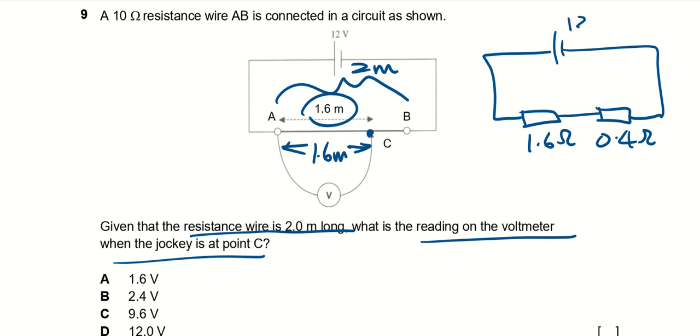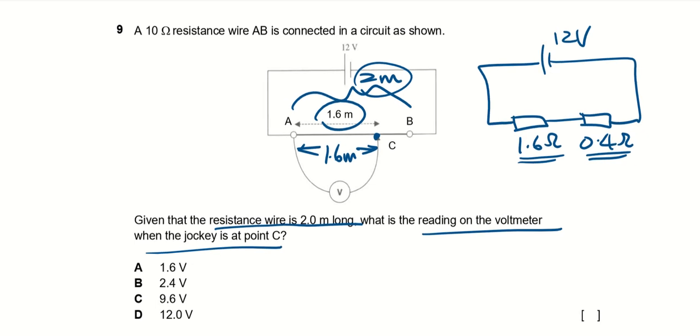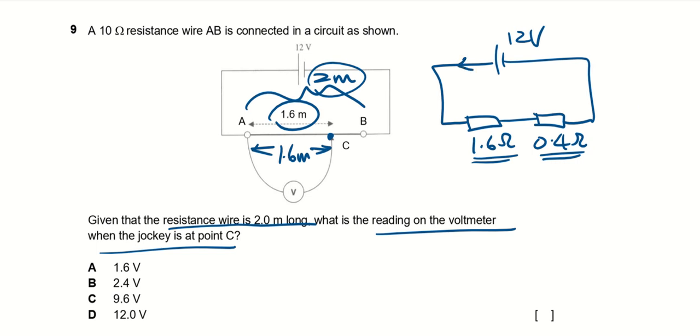Just a simple representation. So if it's 1.6 ohm and 0.4 ohm, their total resistance is equal to 2 ohm, which is like the whole length of the wire of 2 meters. So let us just use these dummy numbers. Let's say for example this resistance wire is 2 ohm.